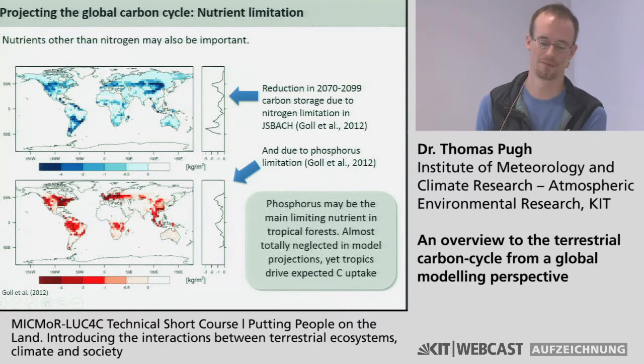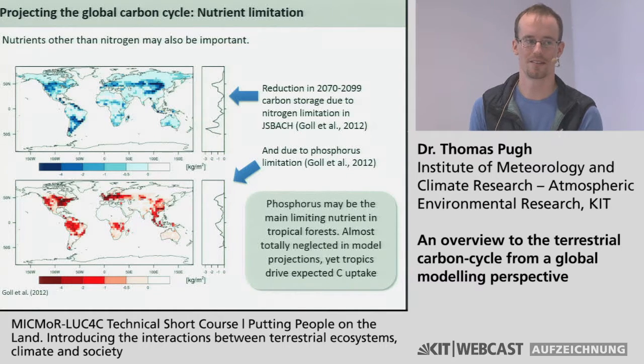And it's the tropics that are really the driver of most of the global carbon uptake in these models. And yet basically all the models but this one have neglected the effect of phosphorus cycling. And there is a lot of evidence that suggests that phosphorus could be the limiting nutrient in the tropics.